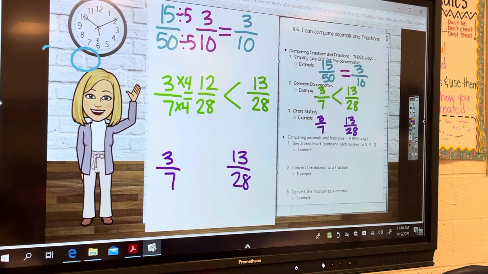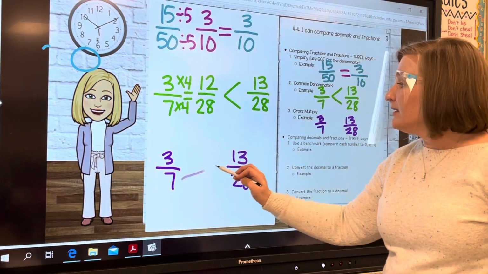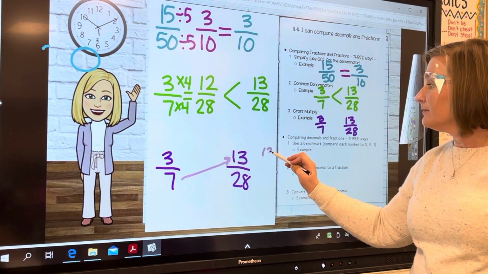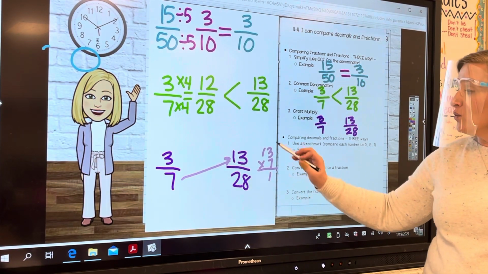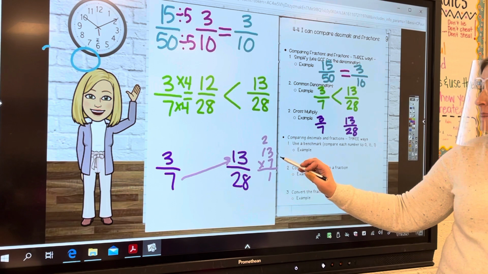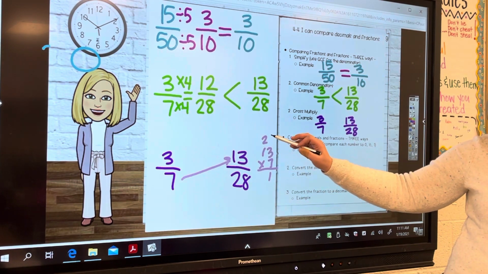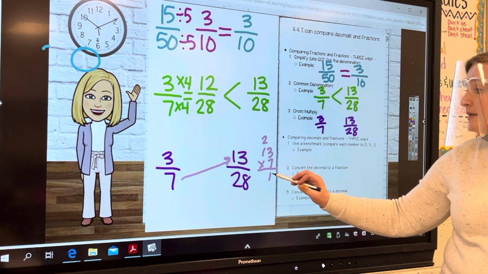How many people in here have ever cross multiplied fractions before? Yay! So this should be a review, right? So if we do 7 times 13, 3 times 7 is 21, carry my 2. 7 times 1 is 7 plus 2 is 9.